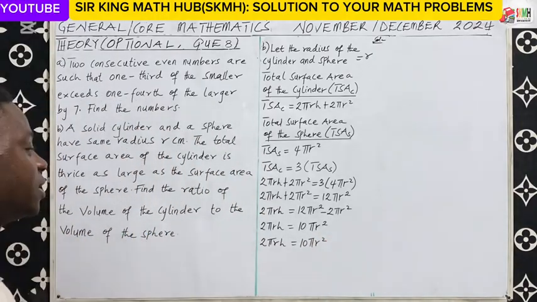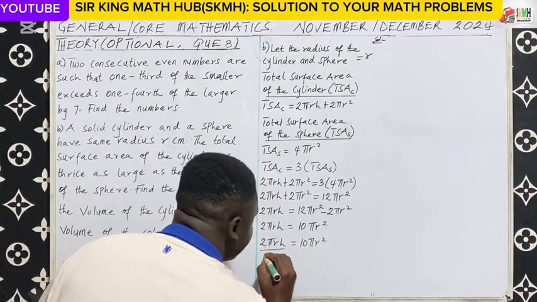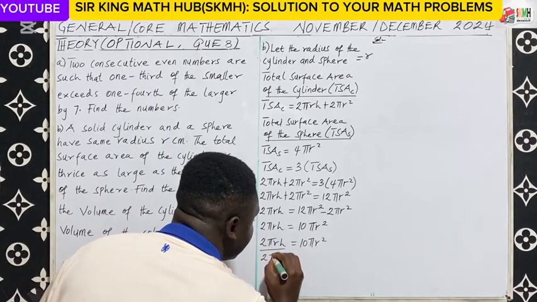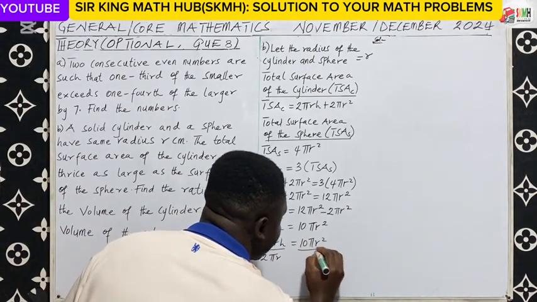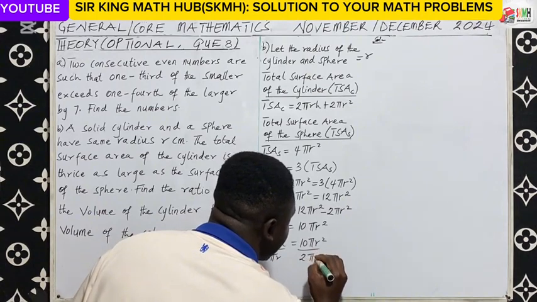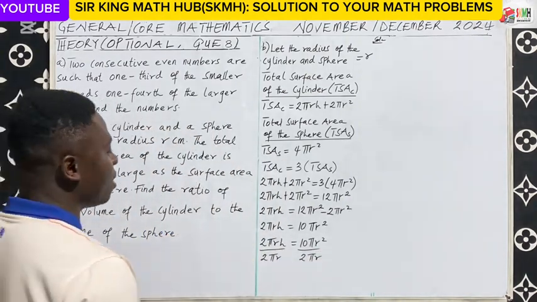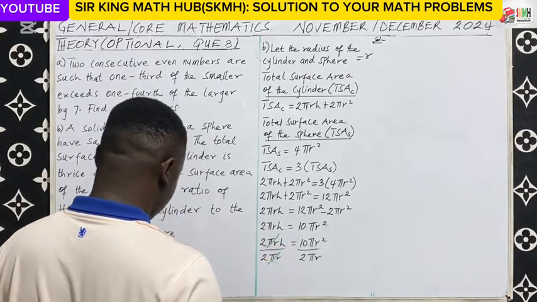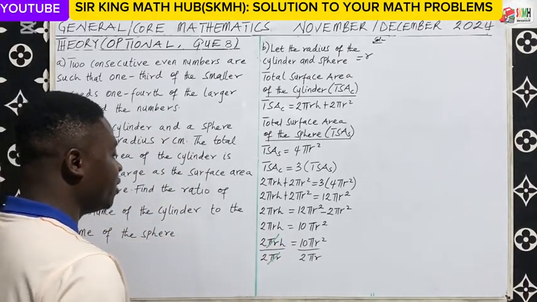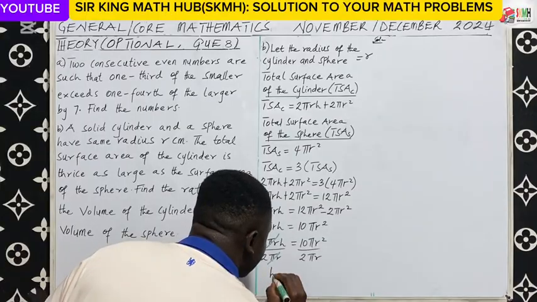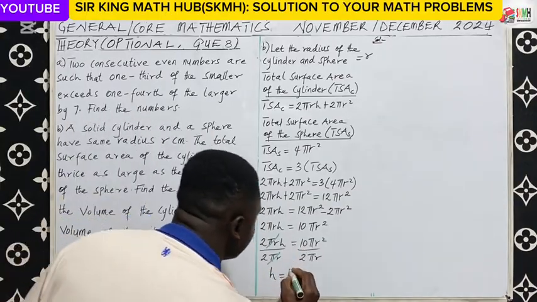Since we are looking for h, we can divide both sides by the coefficient of h, which is 2 pi r. So 2 pi r will cancel out, leaving h is equal to 10 divided by 2, that is 5.